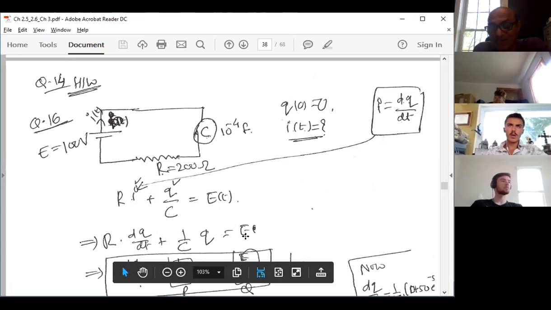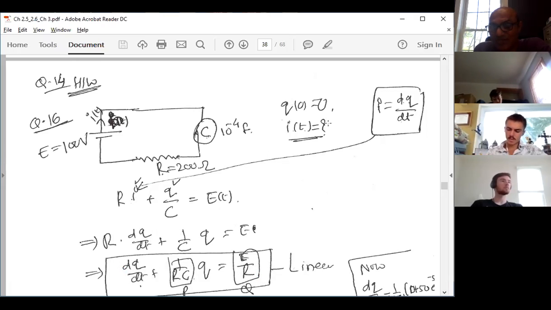But suppose somebody says, no, I want to solve this one in terms of I. Is it possible? Yes. Ri as it is, but I don't have Q, I have dq by dt. To use this equation over here, I have to take the derivative throughout.